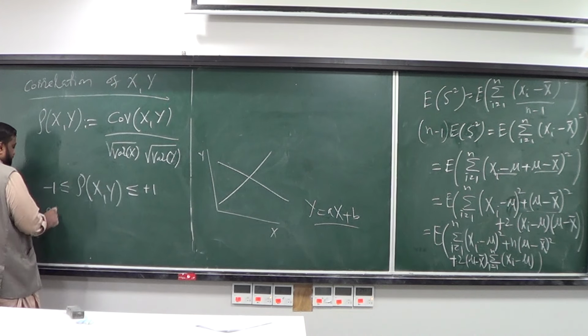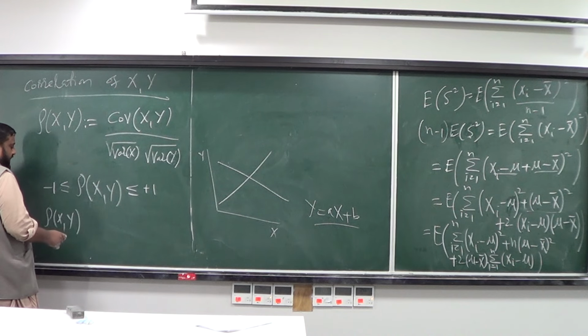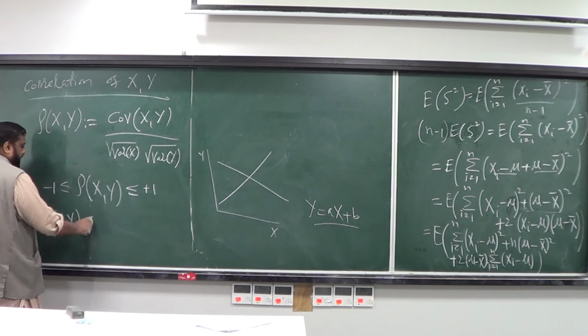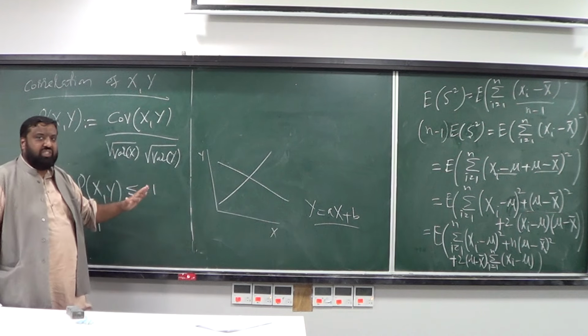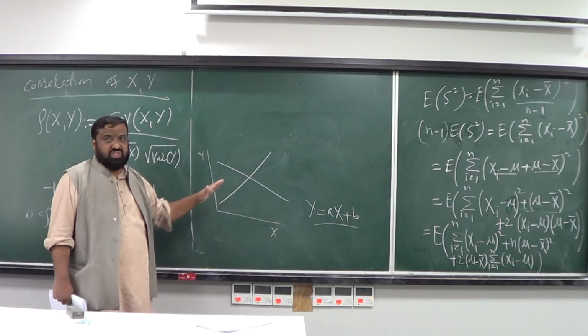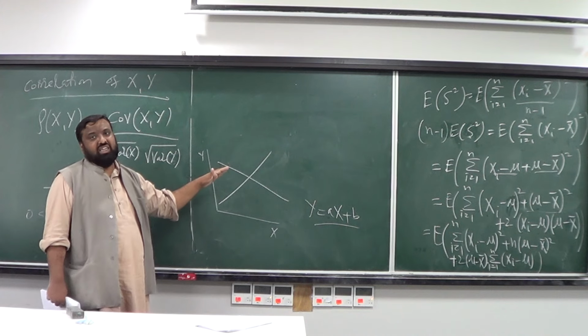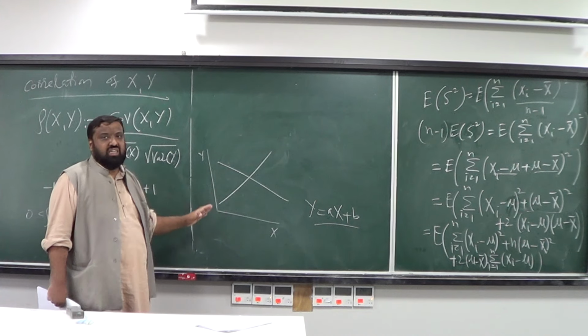So if rho of xy is between, say, 0 and 1, then you're going to say that yes, x and y are linearly related with some slope. In other words, if one is increasing, the other is increasing.